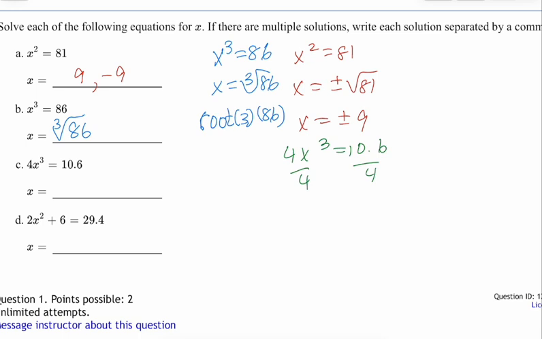10.6 divided by 4, I get 2.65. Okay. So then once I have that value, then I can just go ahead and write, remember, you could write root 3 because X is the cube root of 2.65.